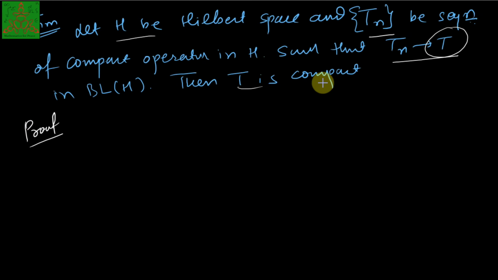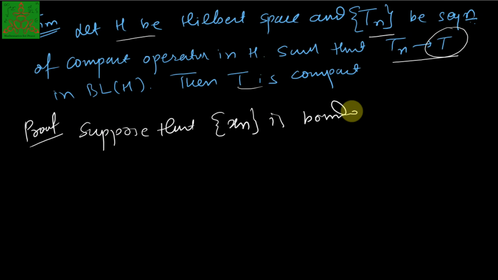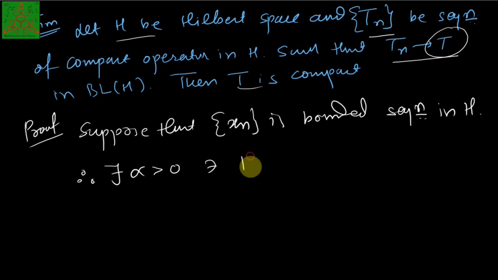To prove that T is compact, I have to start with a bounded sequence in H. So suppose that xn is a bounded sequence. By definition, there exists alpha greater than 0 such that the norm of xn is less than alpha for every n. It is given that Tn is a sequence of compact operators, so I can say that T1 is compact.